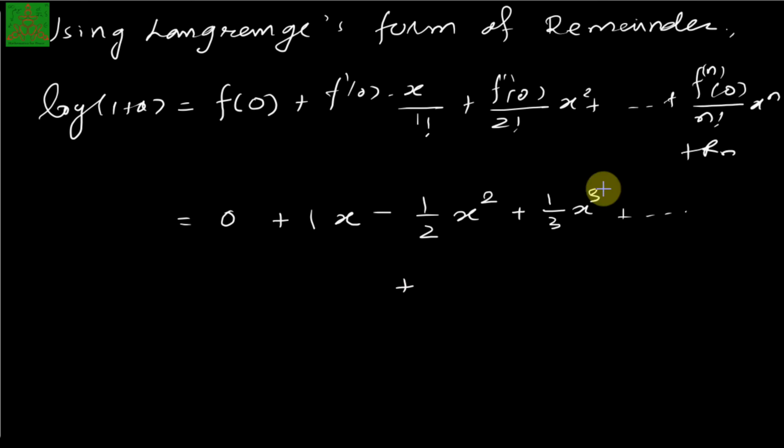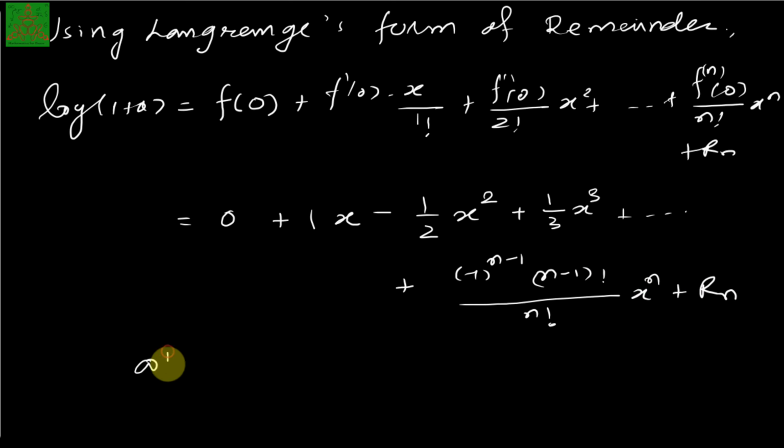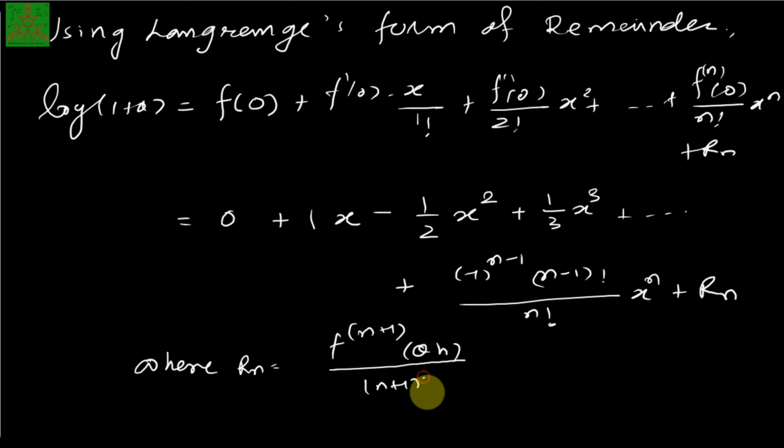So plus the nth derivative, minus 1 raised to n minus 1 into n minus 1 factorial upon n factorial into x power n, plus Rn, where this Rn is as per the formula f n plus 1th derivative at theta h upon n plus 1 factorial into x power n plus 1, for some value which is between 0 and x. Here theta is between 0 and 1.